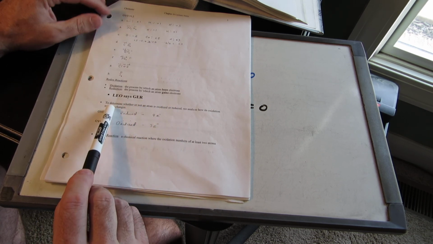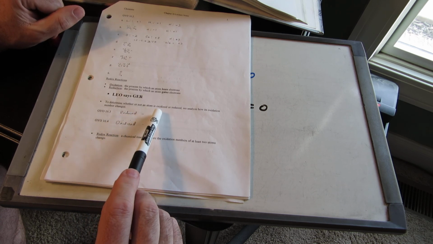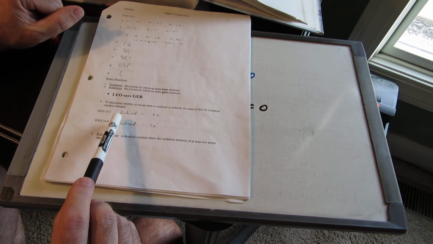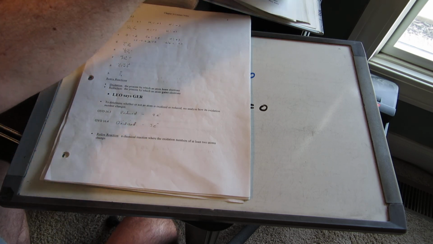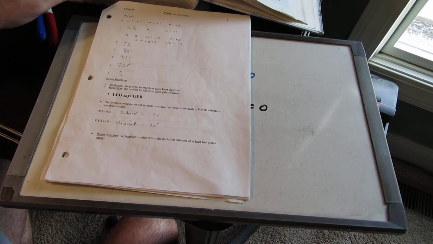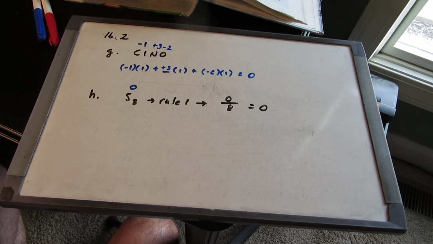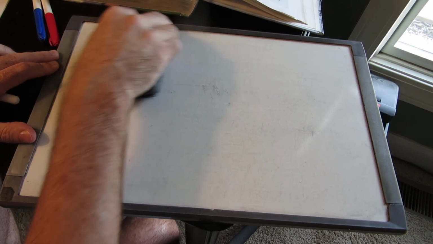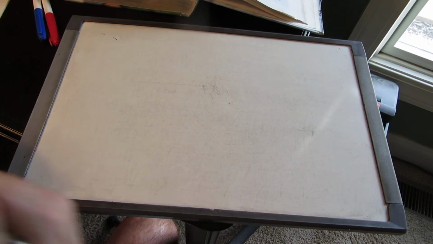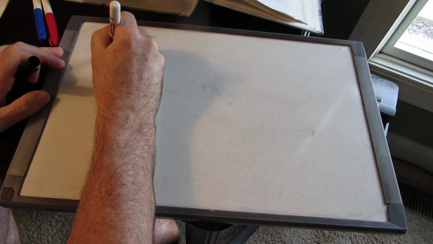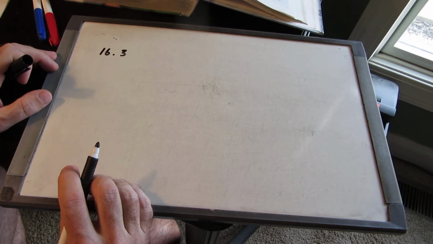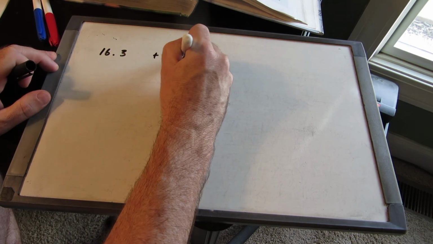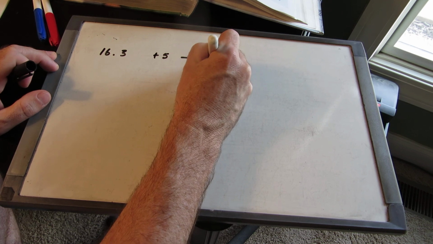So to determine whether or not an atom is oxidized or reduced, we analyze how its oxidation number changes. Let's look at On Your Own 16.3 on page 532. It says an atom changes its oxidation number from +5 to +1.